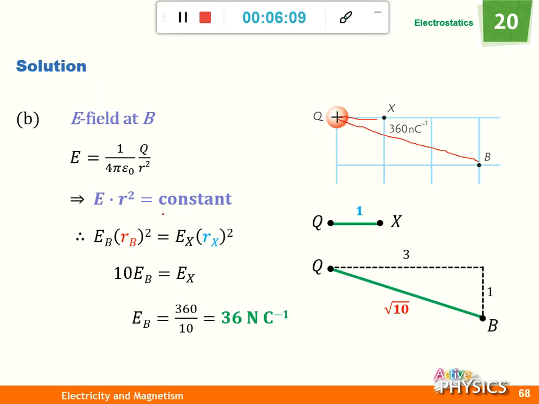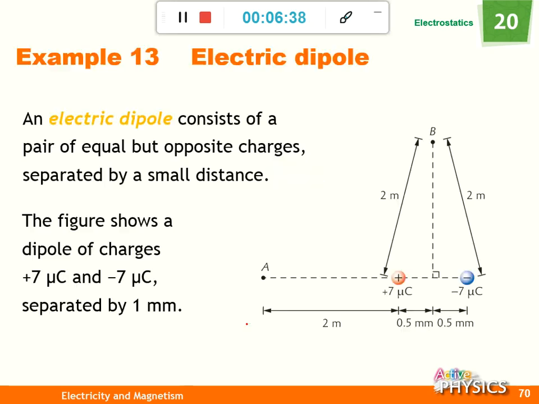And then by using this ratio, ER squared should be a constant, no change at all, because we use the same Q and the same environment, meaning the same permittivity. Using the relationship, you can find that the field strength should be 36. Okay, that's all for this example.